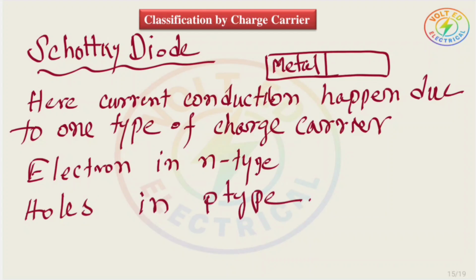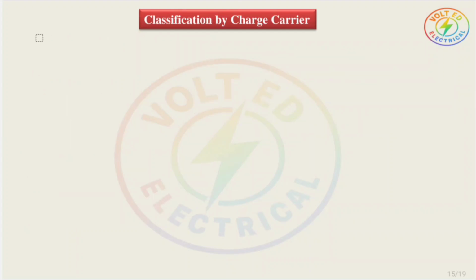So here also only one type of charge carrier is involved. That's why the Schottky diode is also called a majority carrier device and a unipolar device. Let's see the bipolar devices.